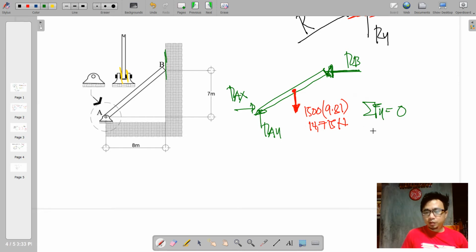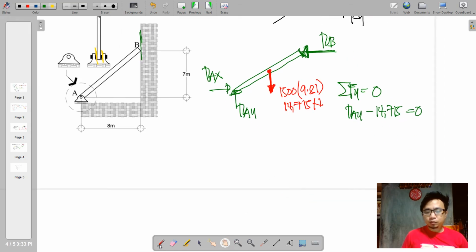You can just say that RAY going upwards minus the weight 14,715 shall yield to 0. So in short, RAY is directly equal to the weight, 14,715 newtons.